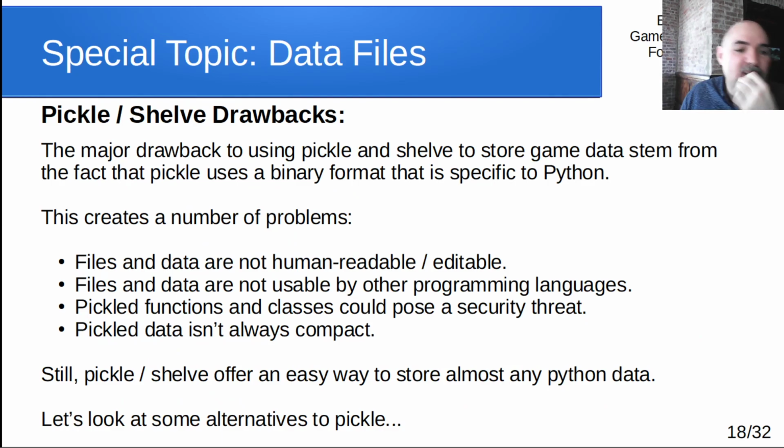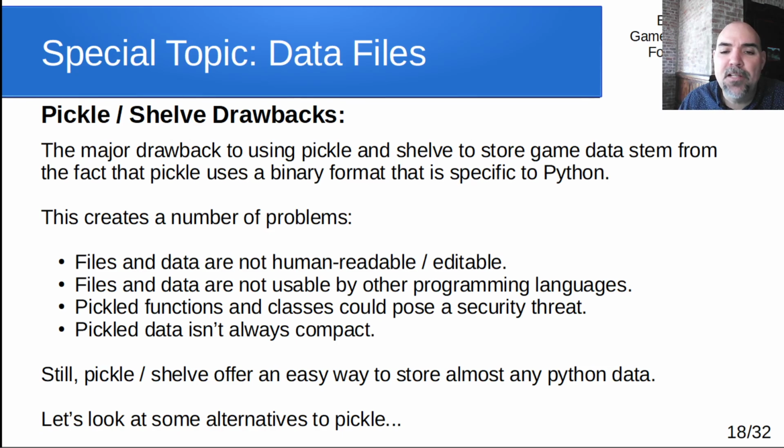So the advantage of Pickle and Shelf is it's super easy, but the drawbacks are that it uses this binary format. The problems that creates are that they're not human readable or human editable, and they're not usable by other programming languages. If we wanted some other programming language to take the file we created and use it, it's not really designed for that. Pickle works with Python.